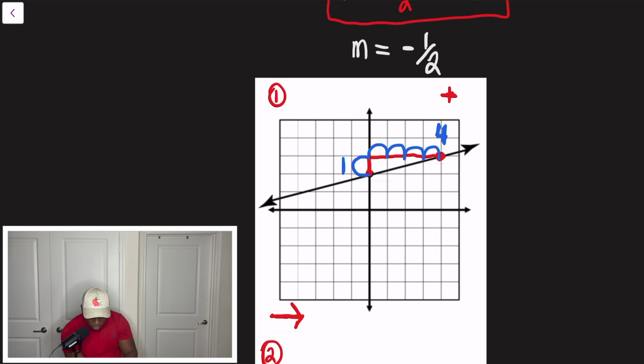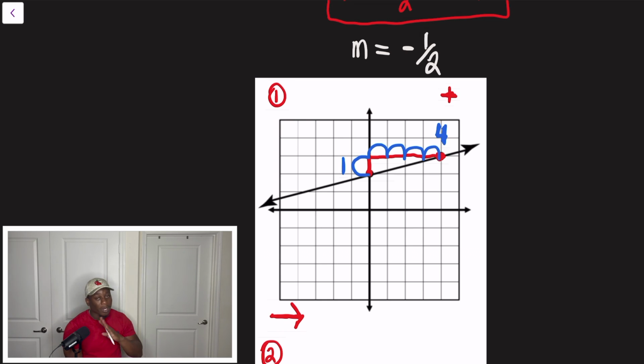What you have to understand about slope on a graph is it's like a map. We're trying to figure out how many steps up or down, left or right, did we take to get to the next dot, the next point on the graph? So if you looked, I went up 1 point, to the right 4, or if you went from the other dot, we went down 1 and to the left 4.